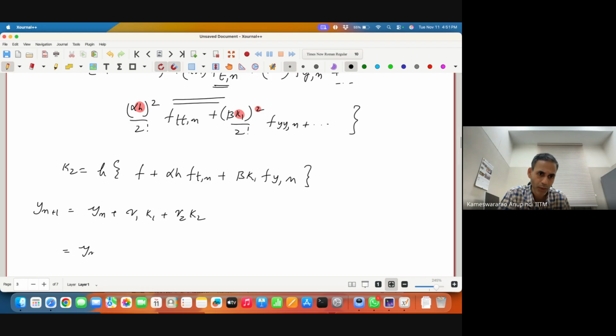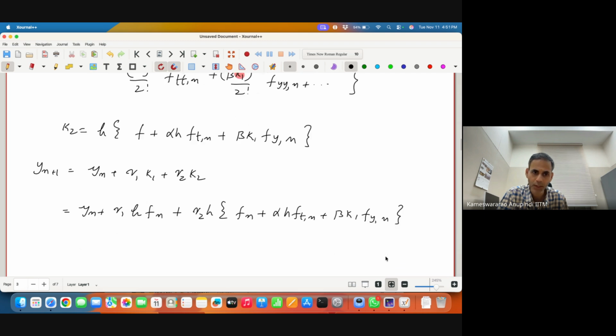That's going to give me y_n plus gamma 1 times k1, which is h times f of t_n y_n, so f_n, plus gamma 2 times k2, which is f_n plus alpha h f_t n plus beta k1 f_y n. Okay, that's what I have.